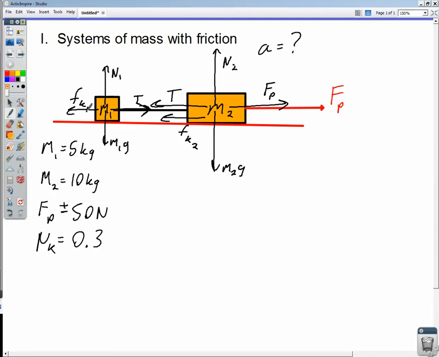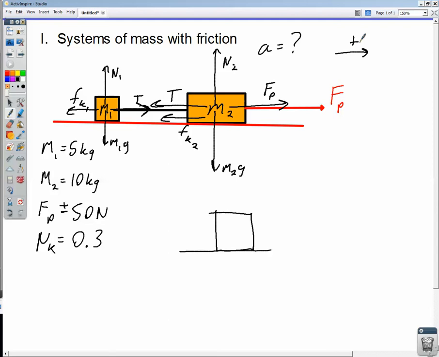All right, so remember that the trick we used for systems of mass is that we imagine the entire system, both masses, as just one mass. Okay, and we look at the external forces acting on the system. What's pulling it in the positive direction, what's pulling it in the negative direction. We don't have to really assign a positive direction here because it's the same as our normal sign conventions. To the right is positive, to the left is negative.